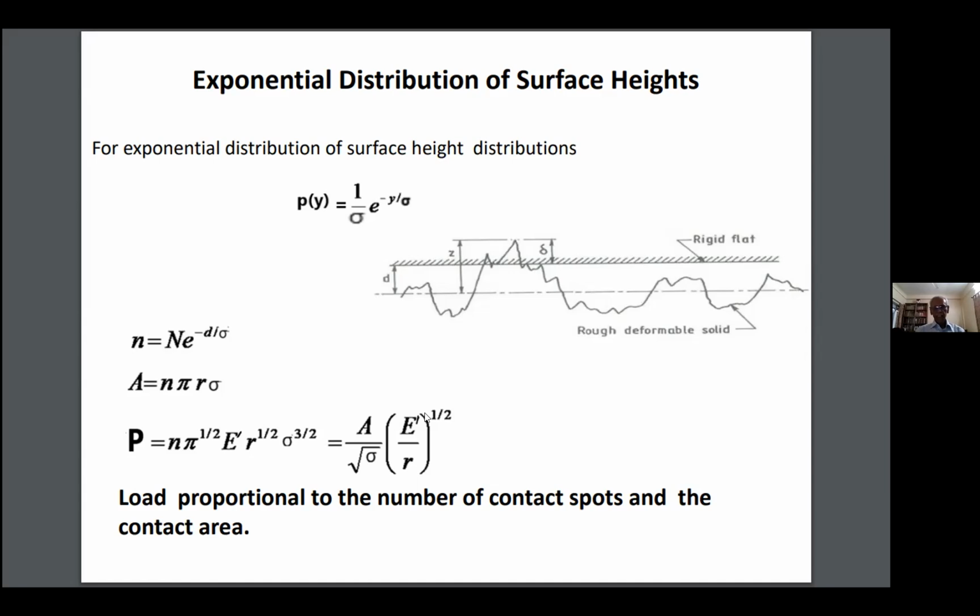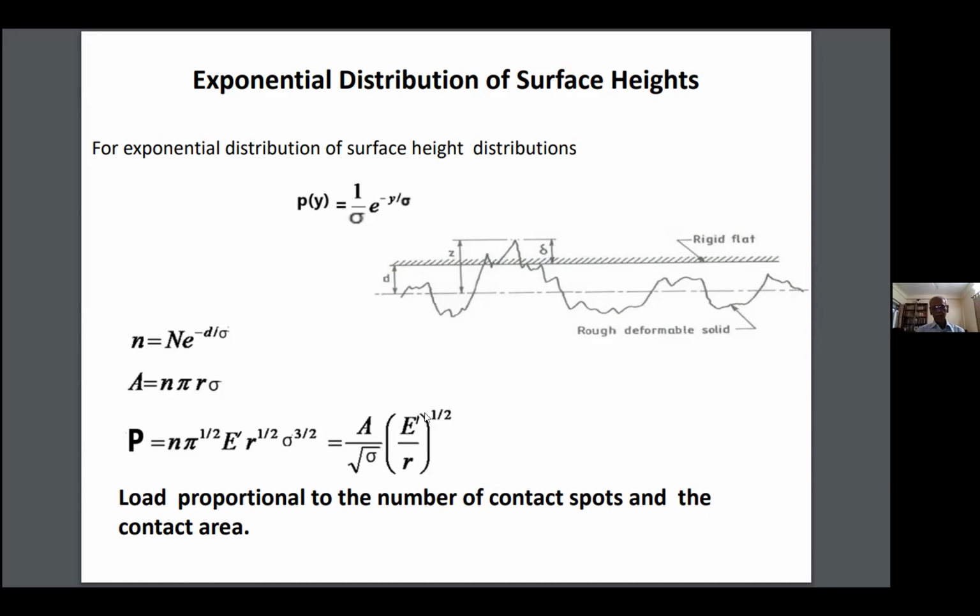So the real area will obviously depend on how much load we have put, and it will not be same as the apparent area. And it will be proportional to the load. Load will be proportional to how many asperities it has deformed and to what extent. And hence, it will be proportional to the number of contact spots and the contact area.